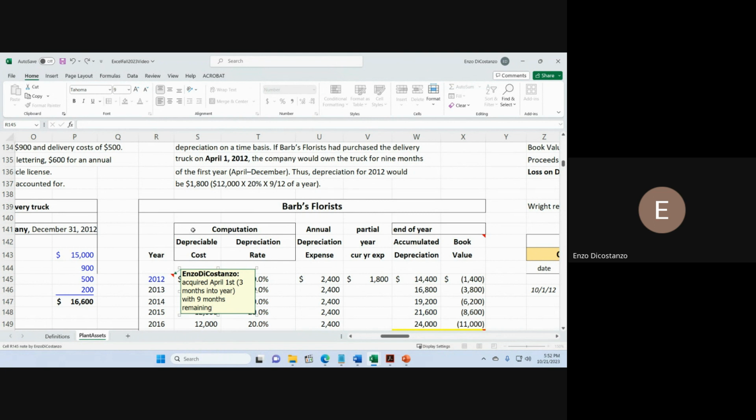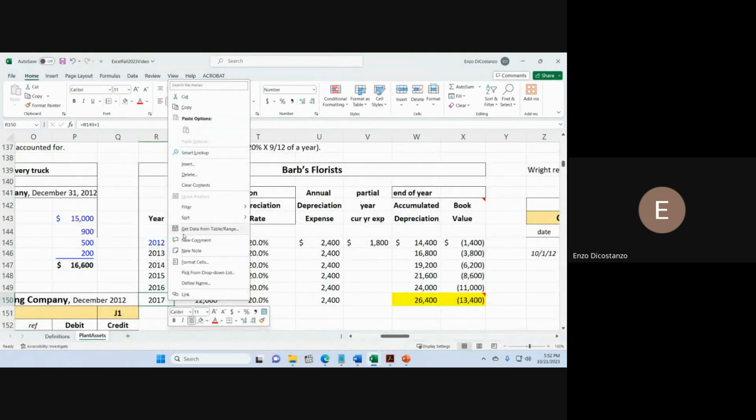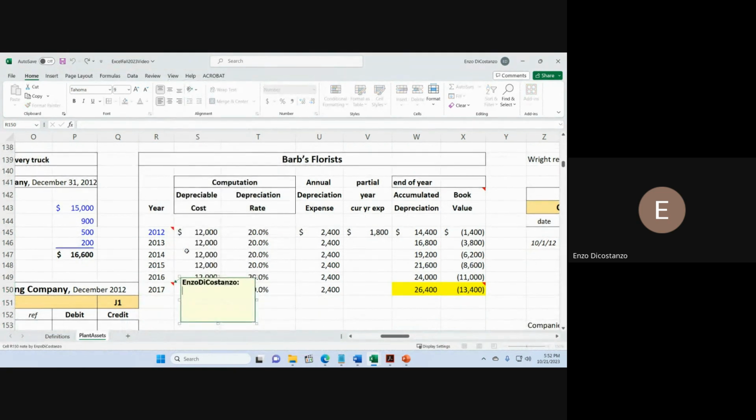Something like that. And let's see, closed out 3 months into 2017 to balance 9 months.